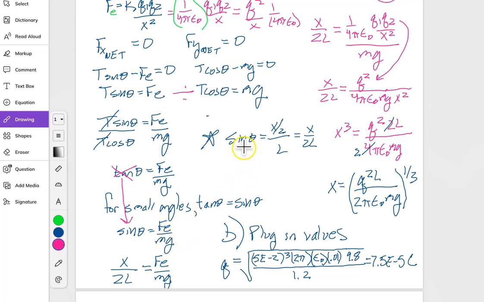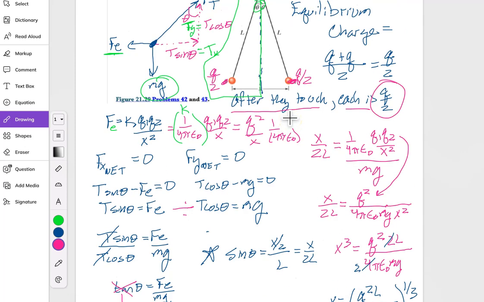Now, if we go back up to this triangle, we'll see that the sine of the angle can be equal to the distance left to right, which is x, divided by 2, because we really are just looking at all the lengths of this side of the triangle.